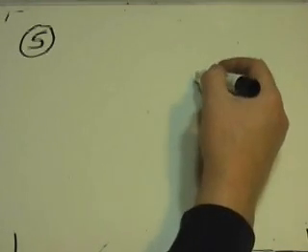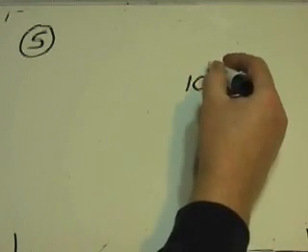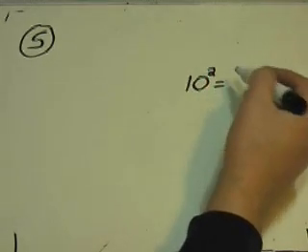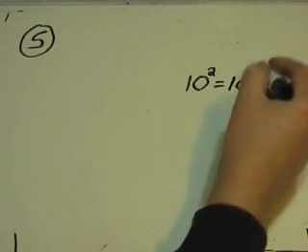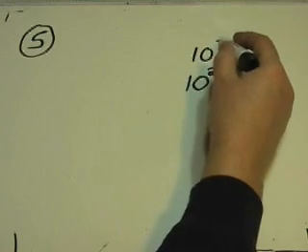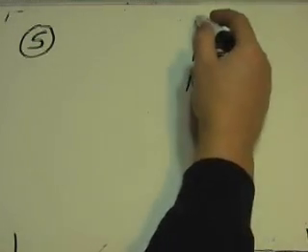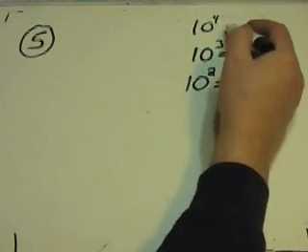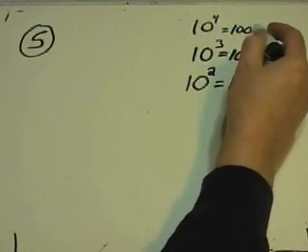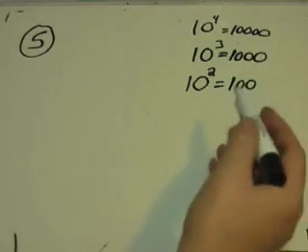Powers, again, are just a lazy way of showing a repeated multiplication. 10 to the 2 just means 10 times 10, or 100. 10 to the third power means 10 times 10 times 10. 3 tens are 1,000, and so on. That's kind of where you start.